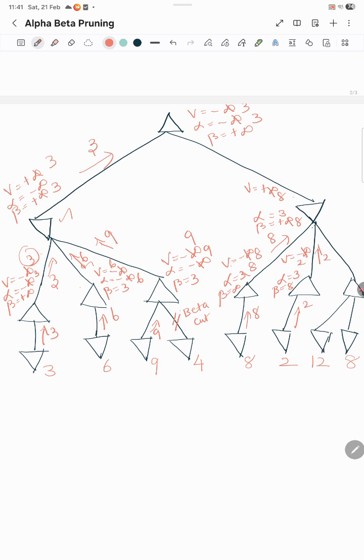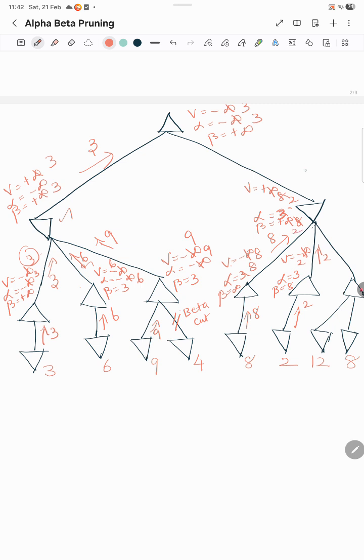Yes, of course this 2 is lesser than, for min node if it is lesser you will update. Yes, v is updated, and beta is also updated. For min node you have to update v and beta.